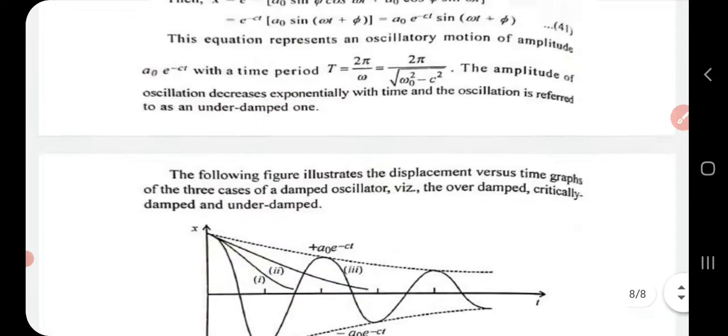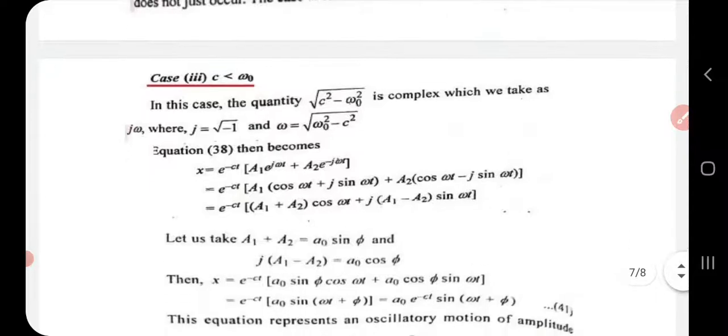when c is less than omega 0. If that is the case, then the quantity within the square root, that is c square minus omega 0 square, will be complex.